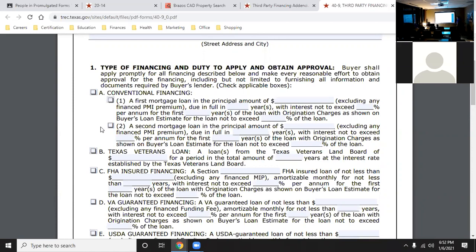Say, for example, you put 3% on A1 for interest not to exceed, and your client's rate is 4%. Guess what? This kicks in, and the whole deal's done already just when you draft it. Do you see why it's extremely important that your client gets pre-approved? Because if they're pre-approved, you already have all the information and you're ready to draft the form.